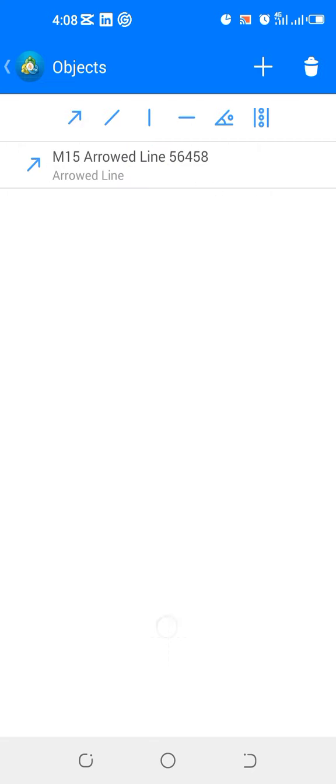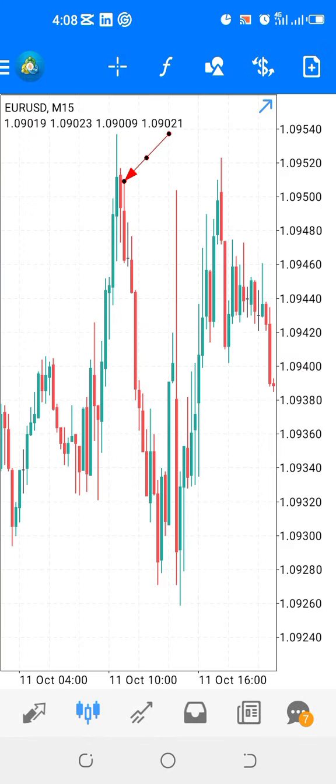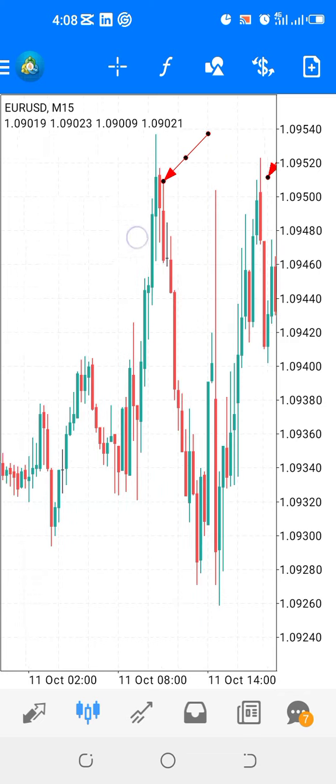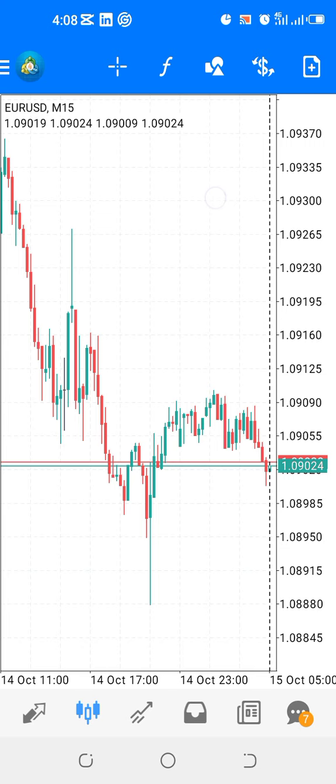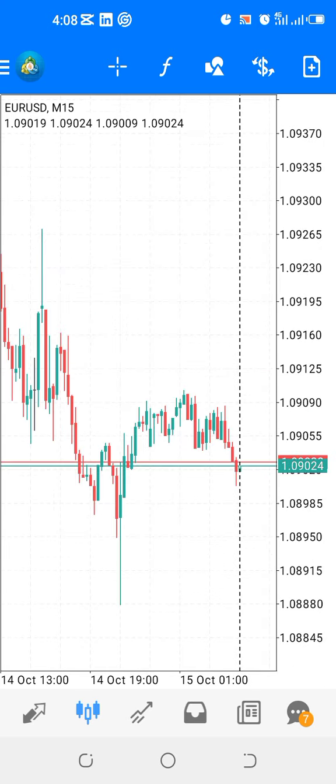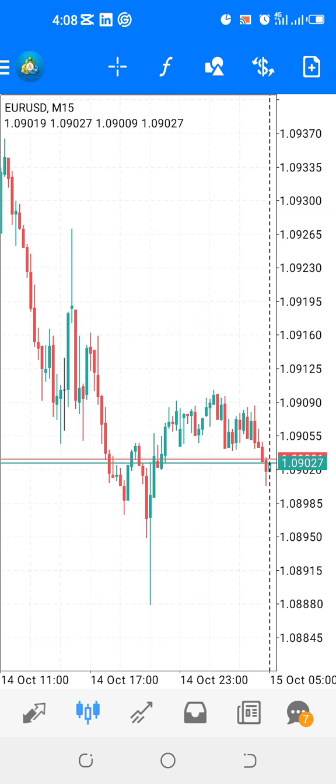Let's take the other one. This is another top. So this is a double top formation. You see, this is a top, this is a top, and this is also a top. And this is also a top.